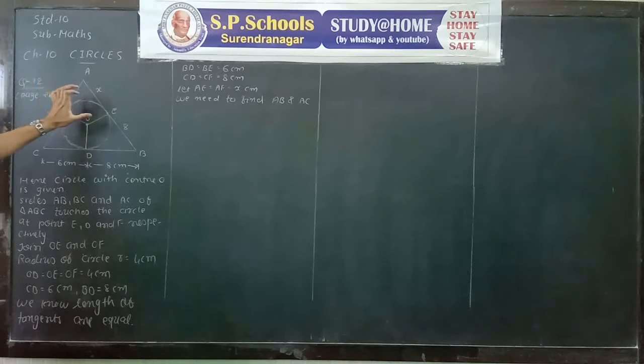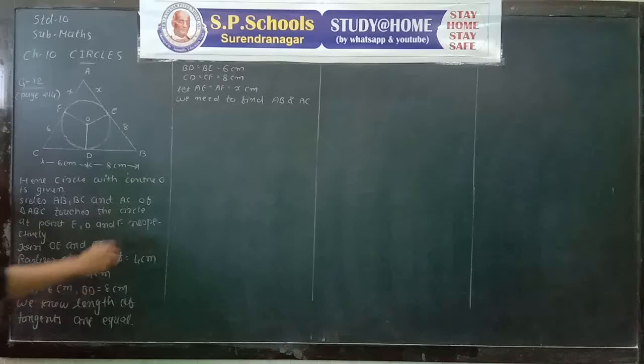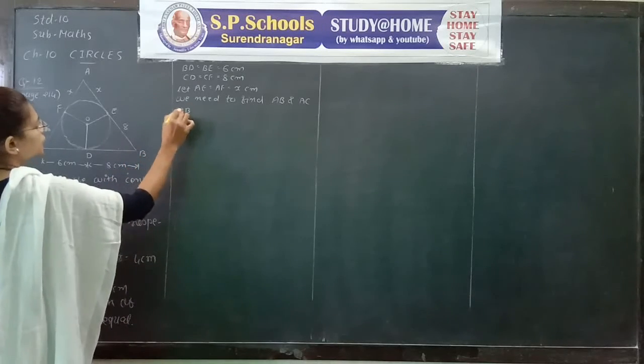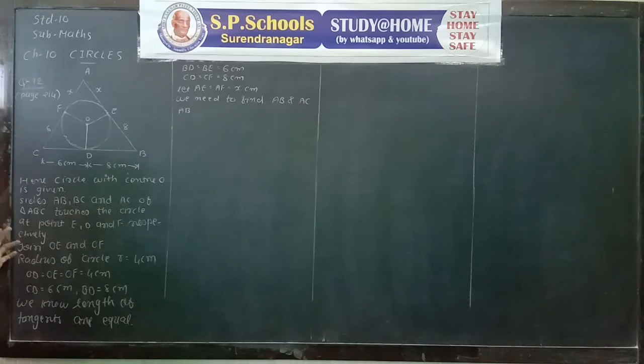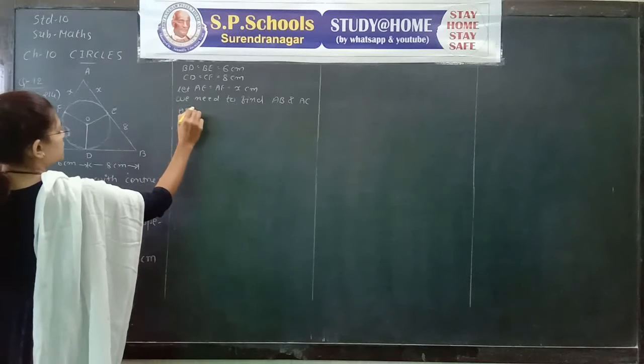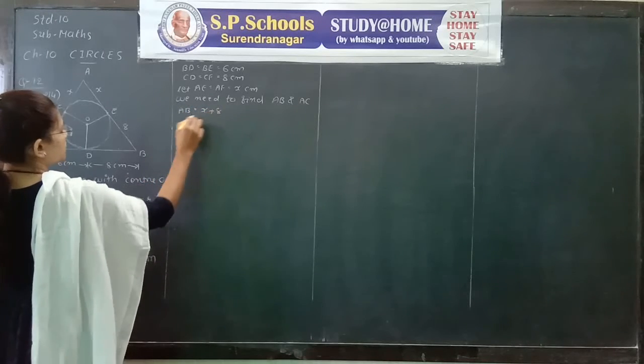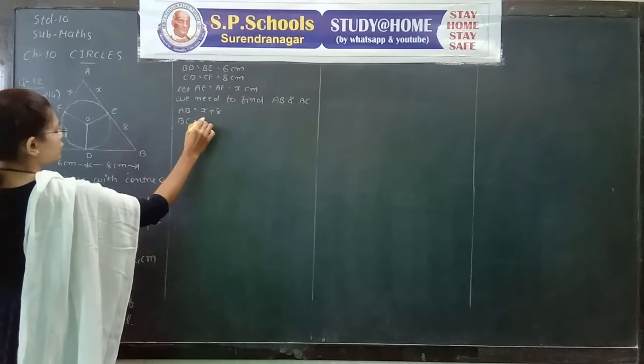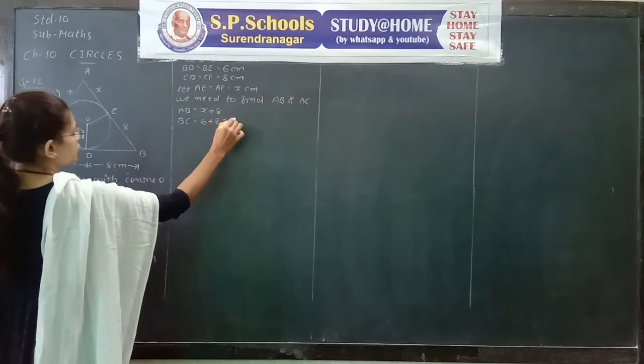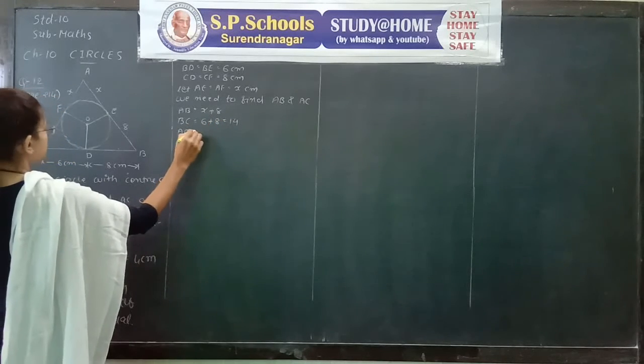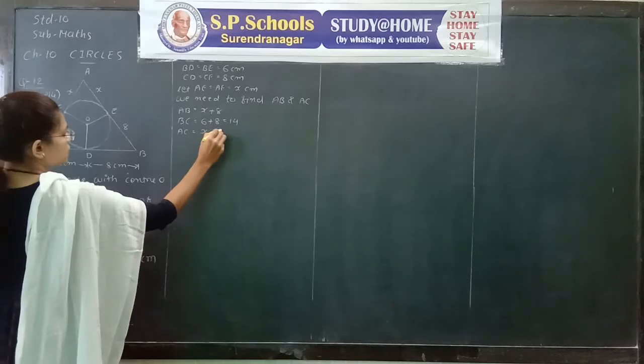AB is the addition of x plus 8, AC is the addition of x plus 6. First of all, find this side. To find AB and AC, we require x first. AB is equal to x plus 8. BC is equal to 6 plus 8, which is 14, and AC is equal to x plus 6.